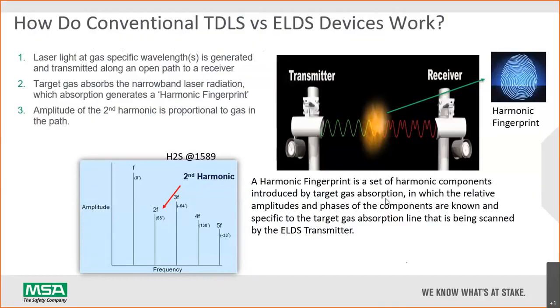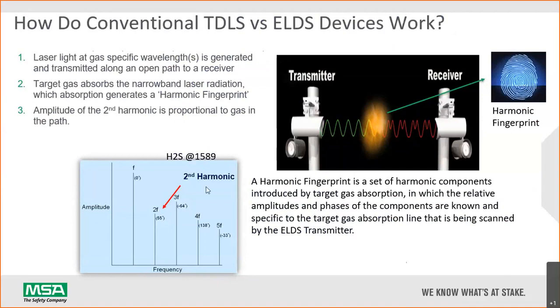There are various harmonic components introduced by the target gas absorption, with relative amplitude and phase of the components. So every harmonic fingerprint has its own phase angle and its own amplitude based on the concentration of the gas. Amplitude may vary, but the phase of the component will remain the same.